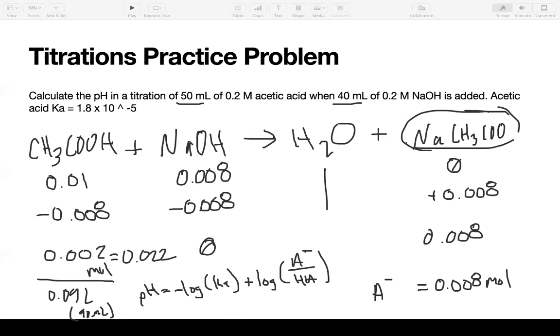And then likewise, we could do the same here. All this over 0.09 liters. And we get a concentration of 0.089. So now that we have the molarity of each of these compounds, we can now plug into our Henderson-Hasselbalch equation.